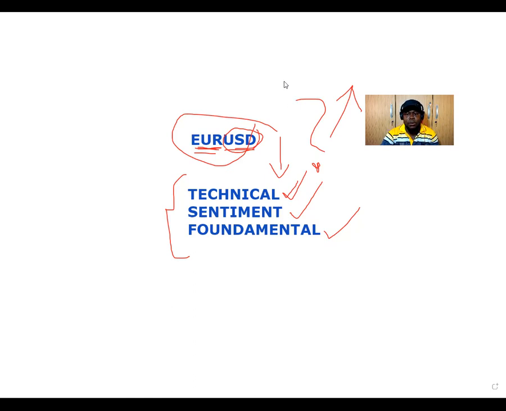And you will have to decide all that by yourself, by knowing which type of technical analysis tool you want to use, or what type of fundamental analysis tool you want to use, or what type of sentiment analysis you want to use, all right? So this is the basics.